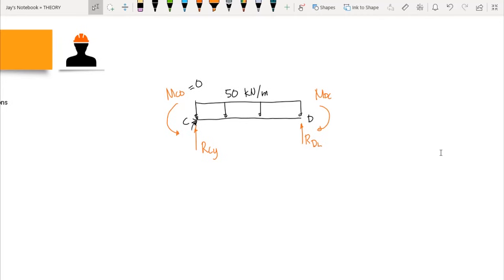According to what I discussed in the second part of this video, if our MCD is equal to 0, then we can use the modified slope deflection equation for MDC.